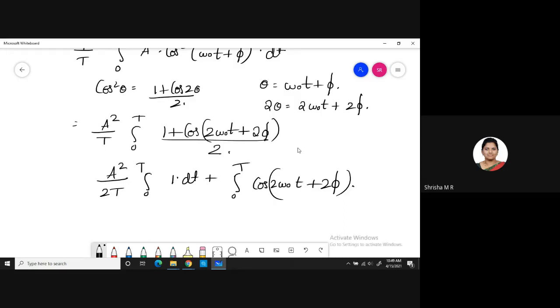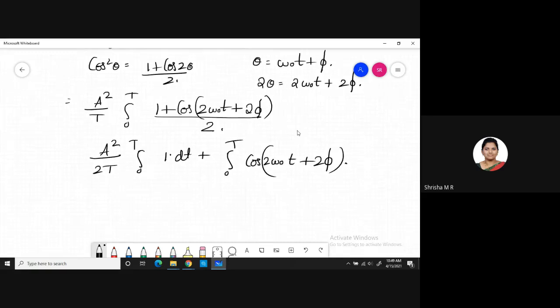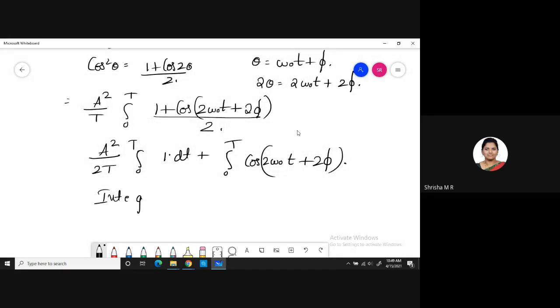What is integration? Integration is basically an area bounded by the curve, right?